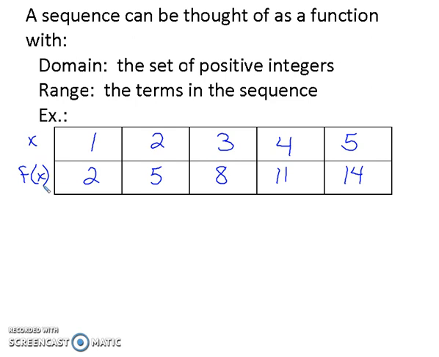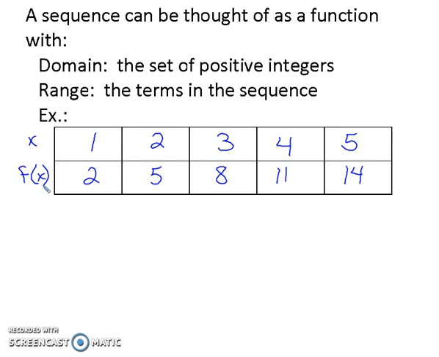And could I do that same thing to the number 2 to turn it into a 5? And could I do the same thing to the number 3 to turn it into 8? And so on and so forth. That's called an explicit function for a sequence. And we're going to come to that in just a couple of minutes.